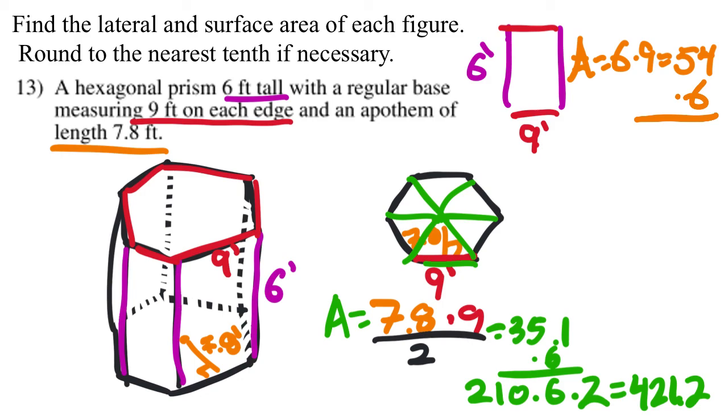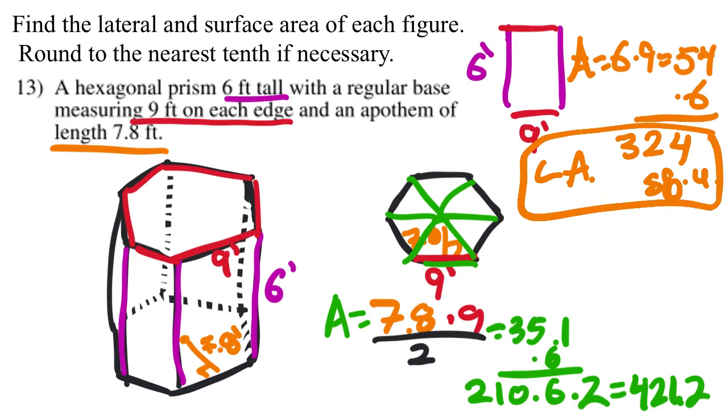That will give us the lateral surface area, by the way, which is 324 square units. So that's our lateral area. And that would be one of the answers for the assignment. But we need to add the 421.2 square units to figure out the total surface area.